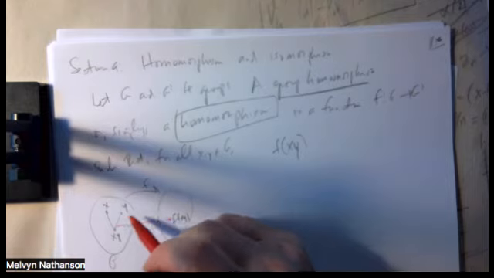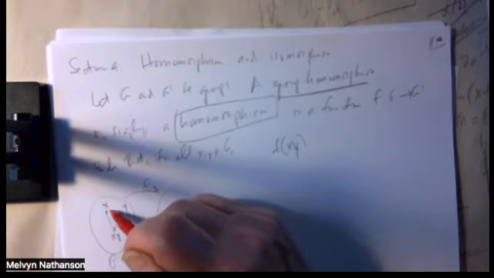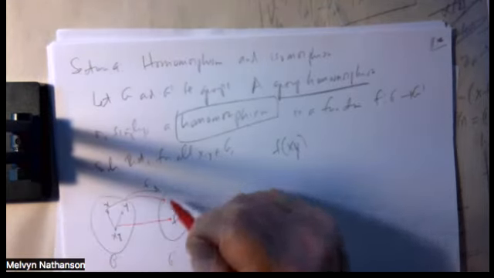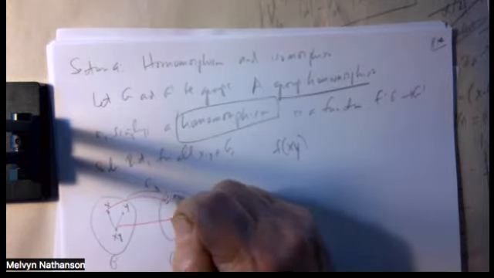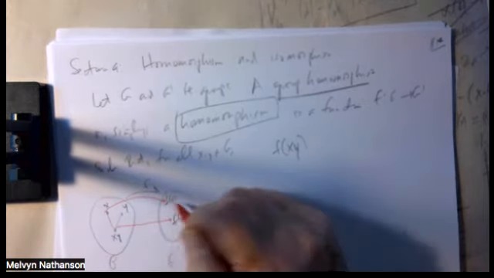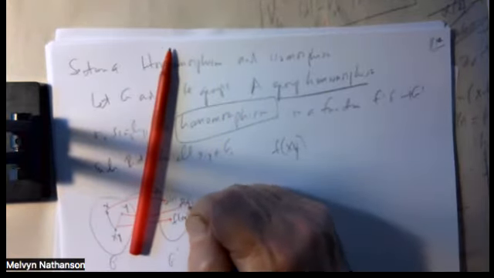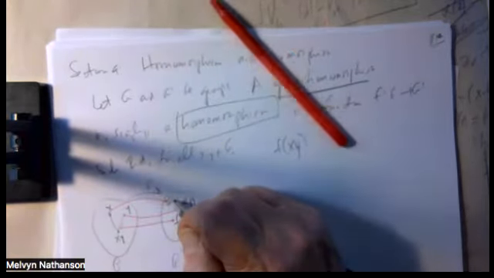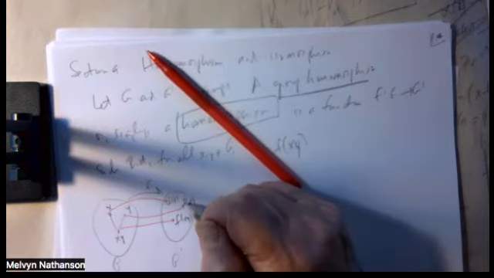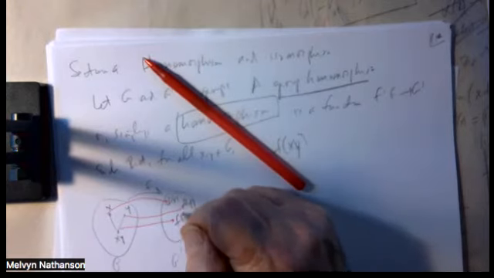On the other hand, I could look at the image of x in G prime. X goes to f of x. Y, let's say, goes to some element f of y in G prime. And over in G prime, I can multiply them.